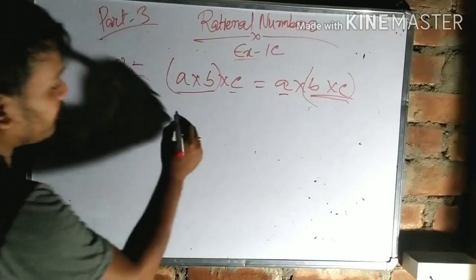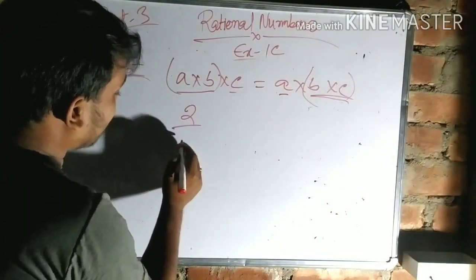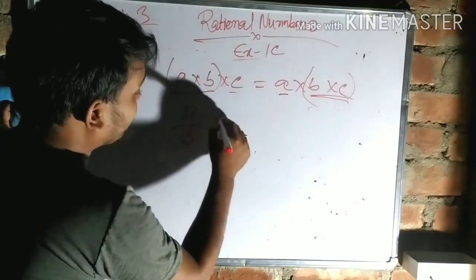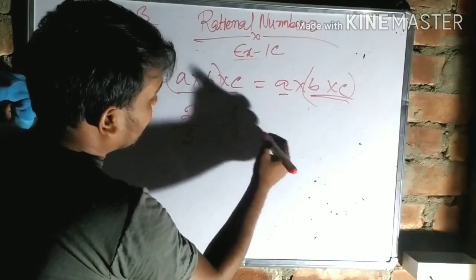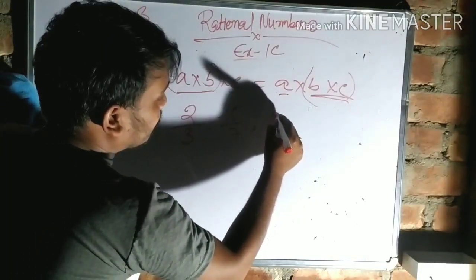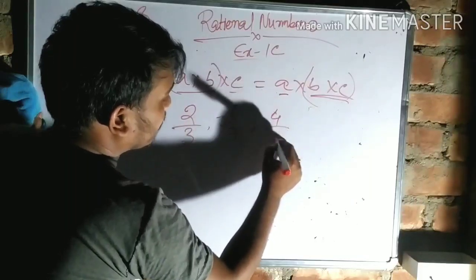With an example it is better. I take the same numbers, 2 by 3, minus 5 by 7 and minus 4 by 9.